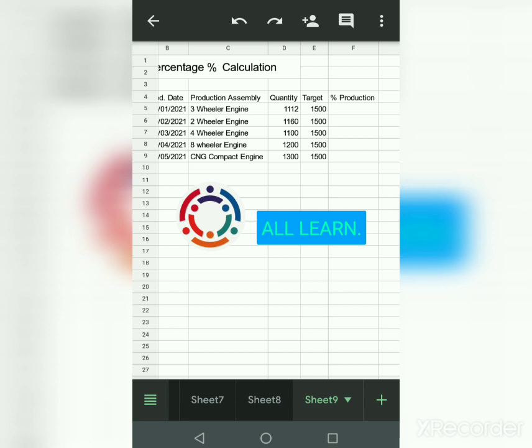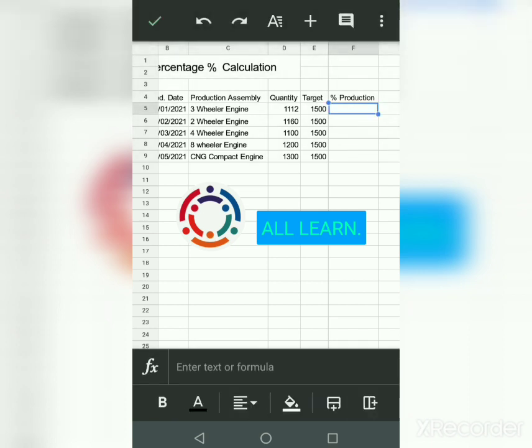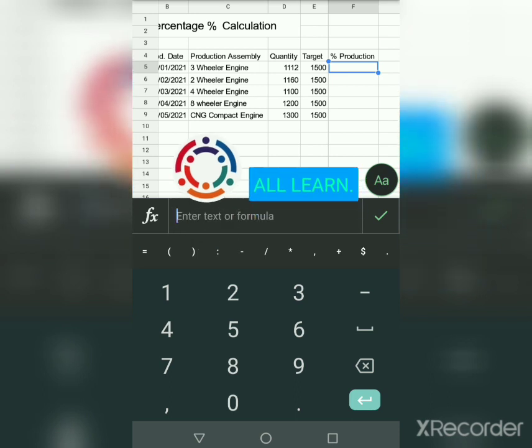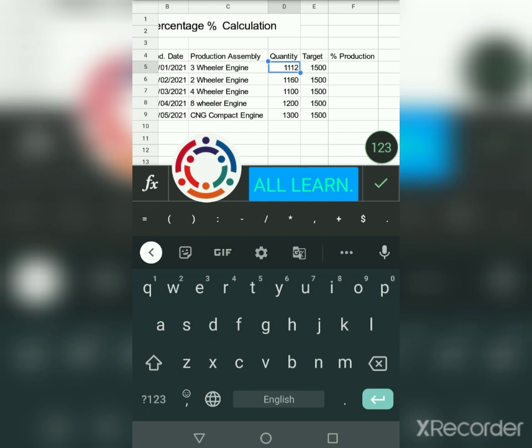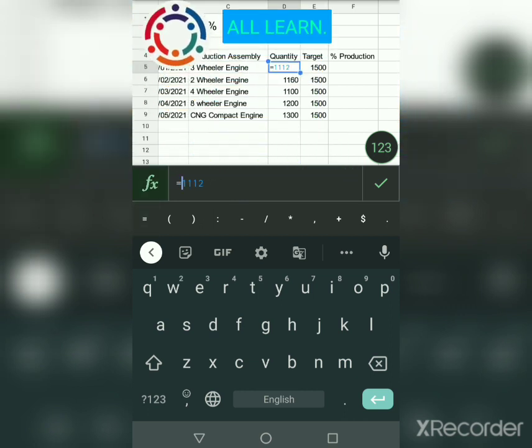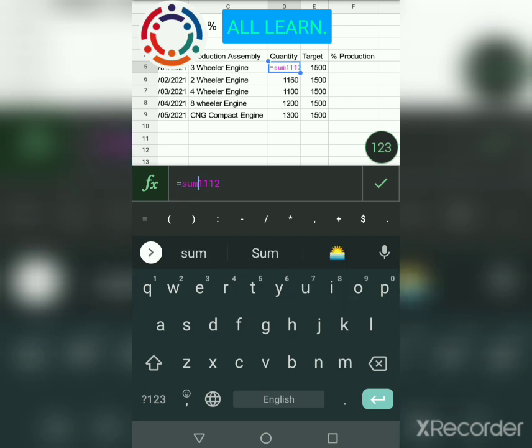Okay. So after this, here we can calculate the percentage. First we have to start with percentage. Percentage is equal to quantity produced. Equal to, in bracket, sum, in bracket complete.